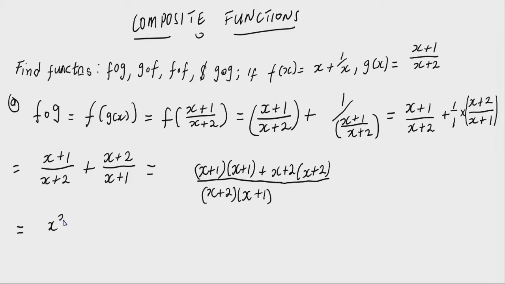X squared, X by this, X by this 1. I pretty much know how to do this. X plus X plus 1 plus X squared plus 2X plus 2X plus 4.